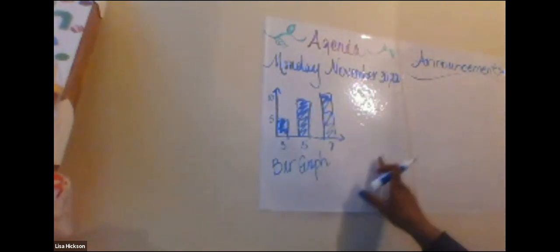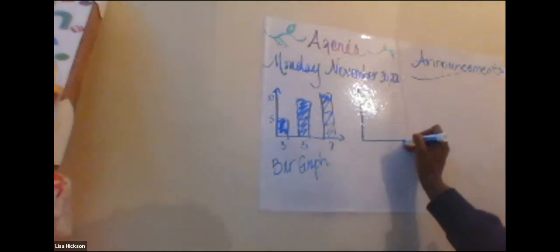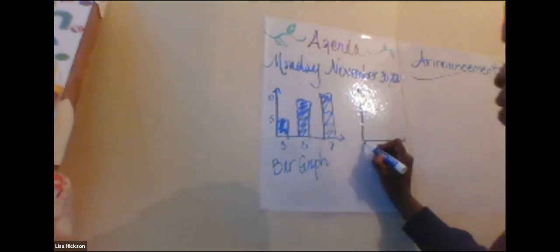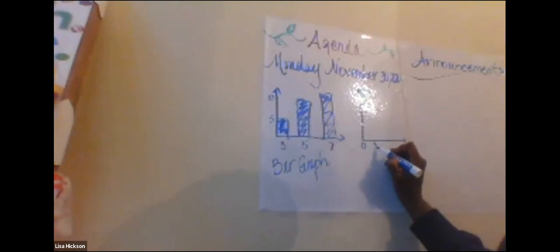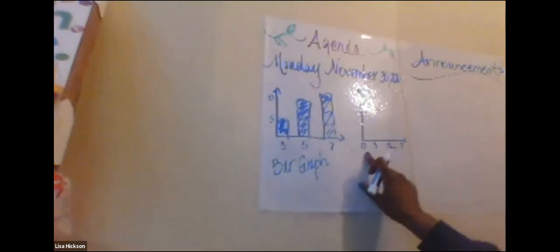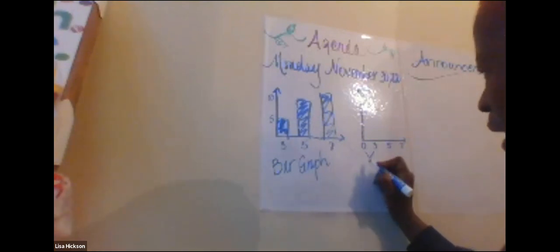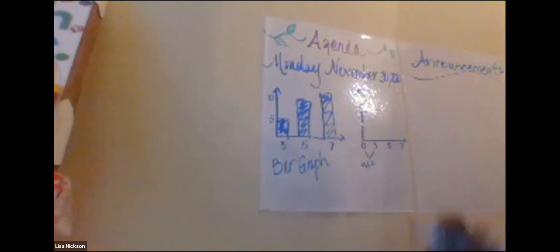But if we were doing a histogram, first of all, it would be a range. So this might be 0 to 3, and then this will be 5, and this will be 7. So in this interval from 0 to 3, we count how many times there's a 0, a 1, or a 2. Okay?